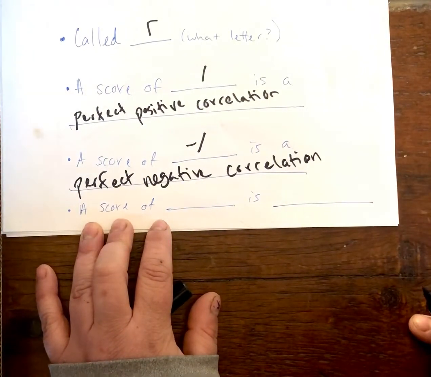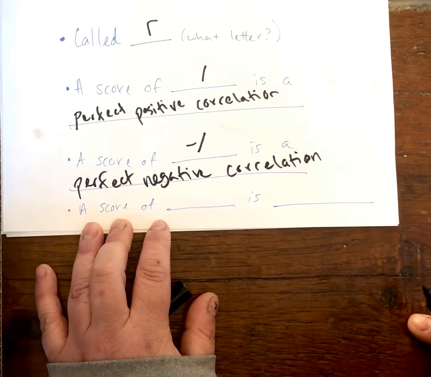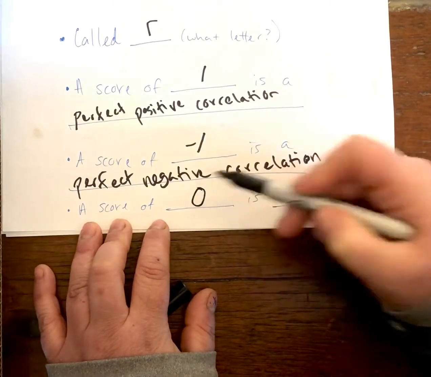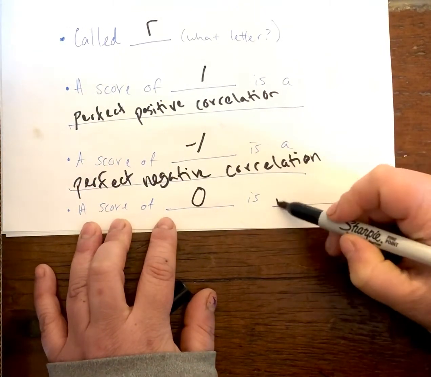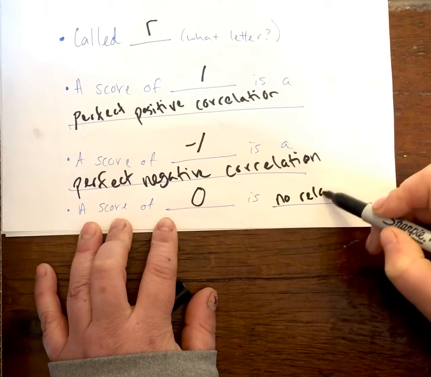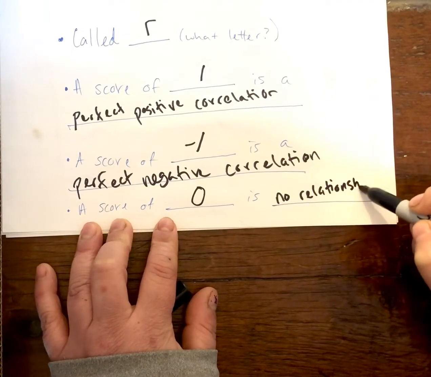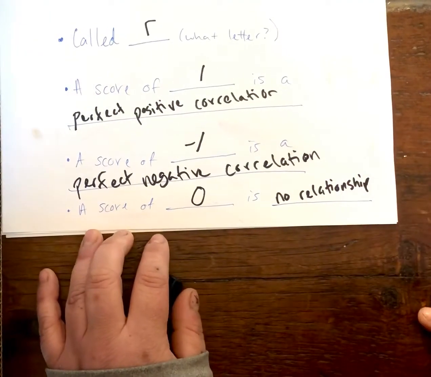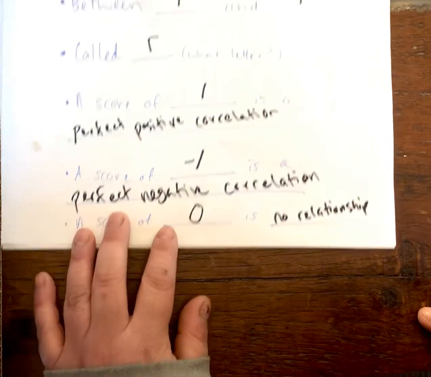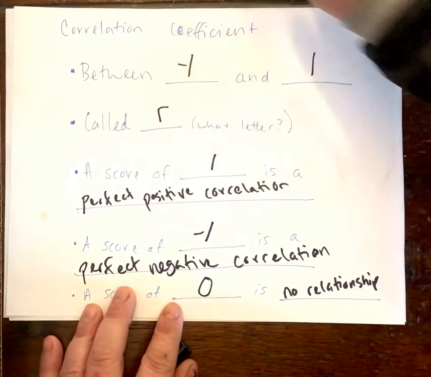That means that if the x variable goes up by 1, then the y variable goes down by 1. A score of 0 is no relationship. If the x variable goes up by 1, we have no idea what the y variable is going to do.